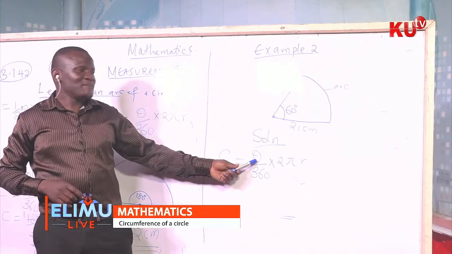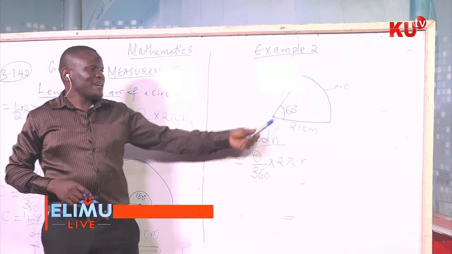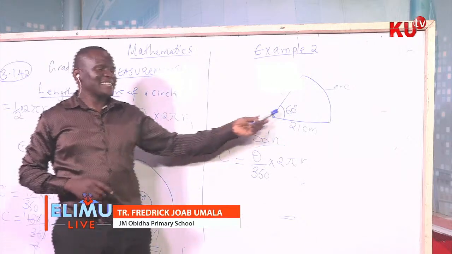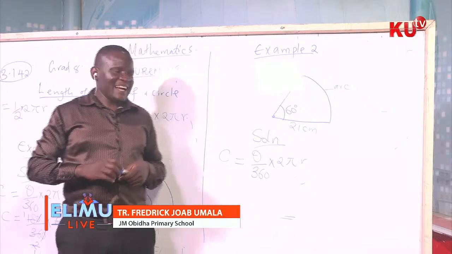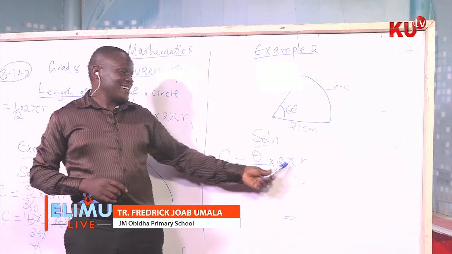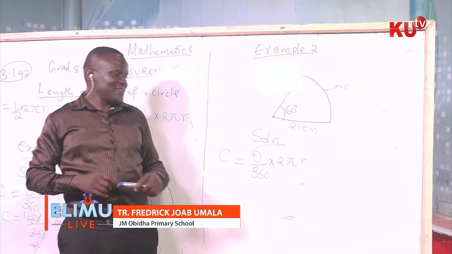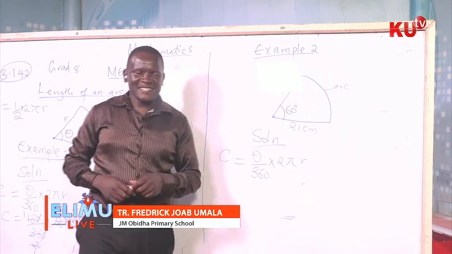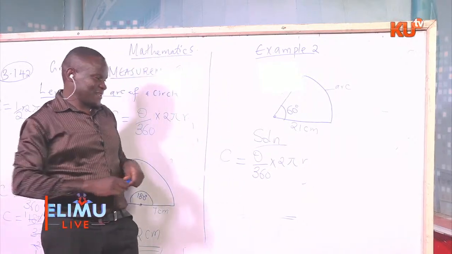So this theta will be represented by the angle that is subtended at the center by the arc of the radius 21 centimeters. Our pi we all know as 22/7, and the radius in this case is given as 21.